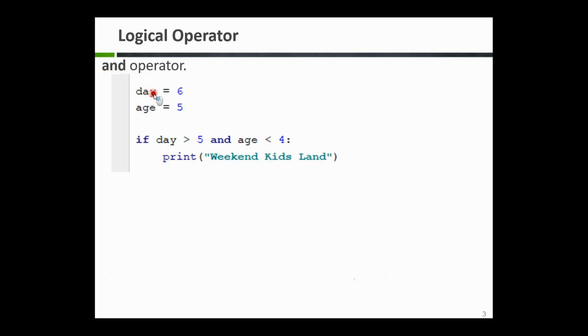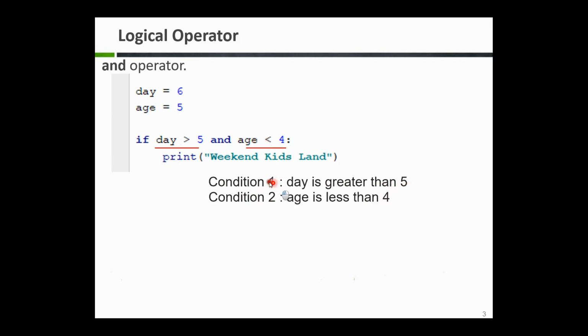Now let's look at the AND operator. We have day equals 6, age equals 5. The first test condition is day is greater than 5. The second condition is age is less than 4. The AND operator returns true only when both condition 1 and condition 2 are true.